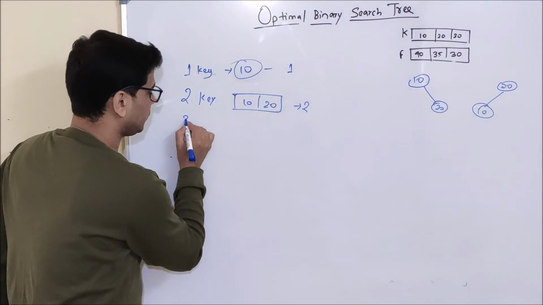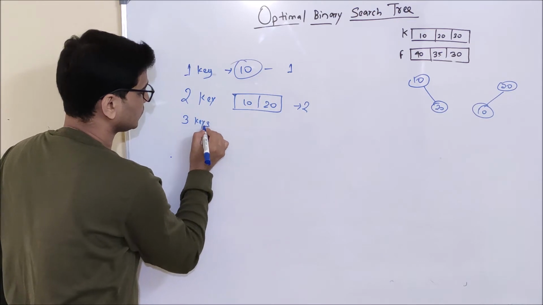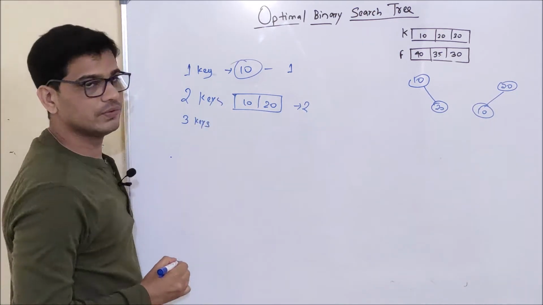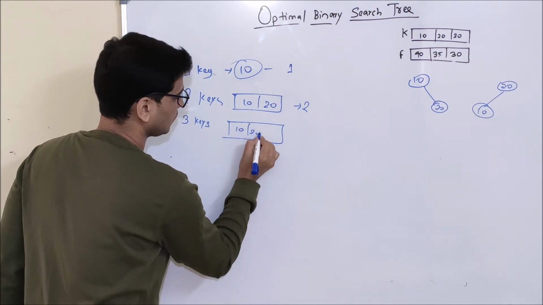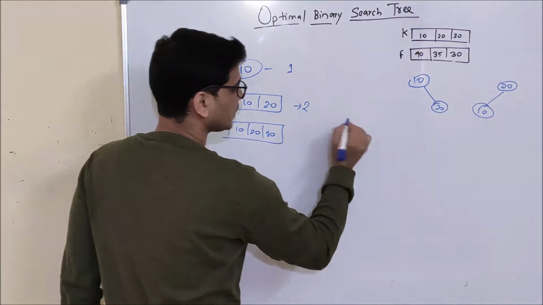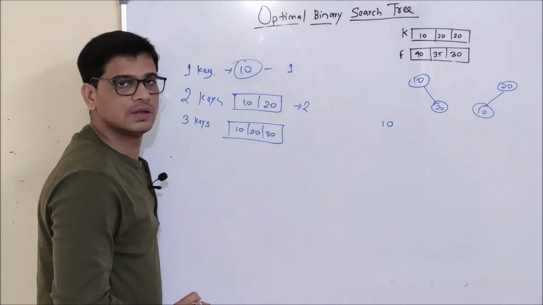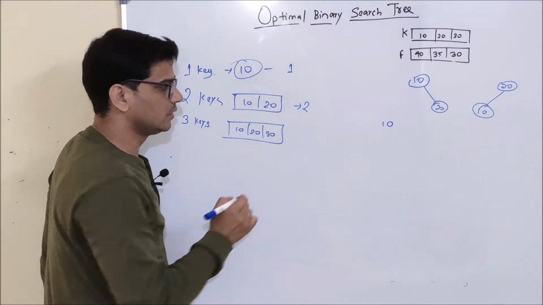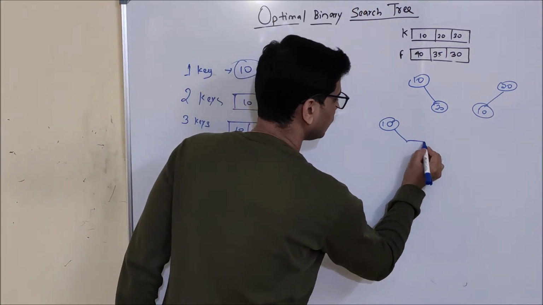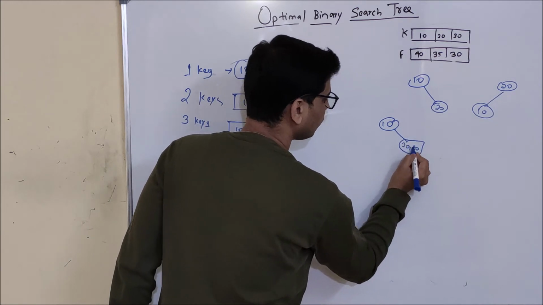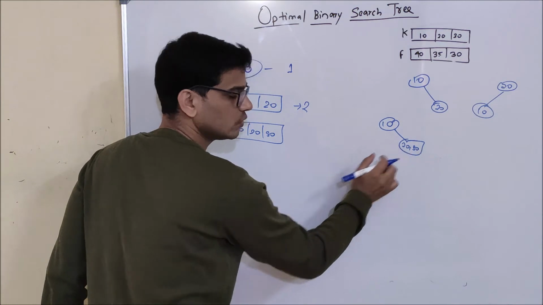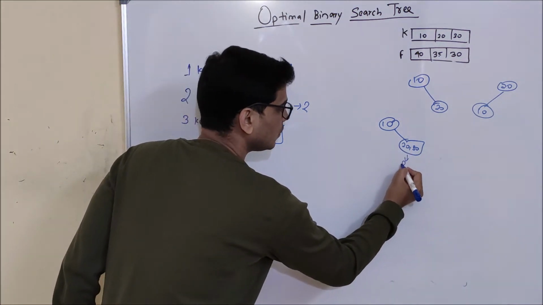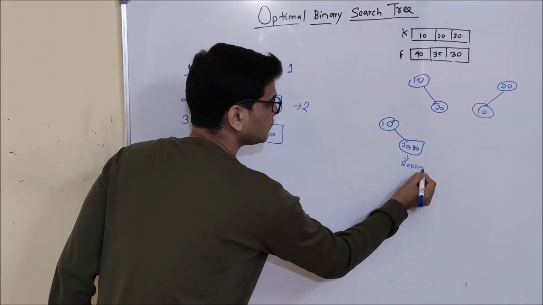Now let's see what will happen if you have 3 keys. You can make 10 root. Then 20 and 30 will fall in the right subtree, and as you can see, with 2 keys we will have 2 options here.